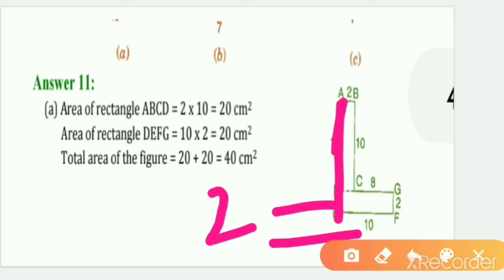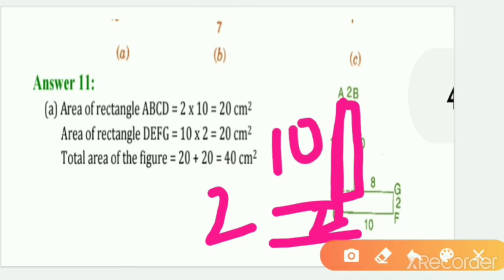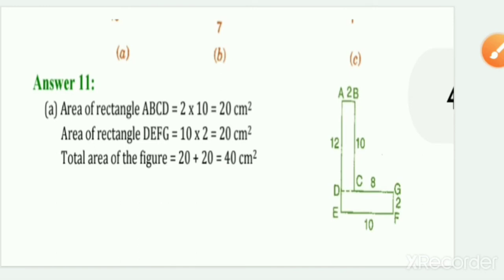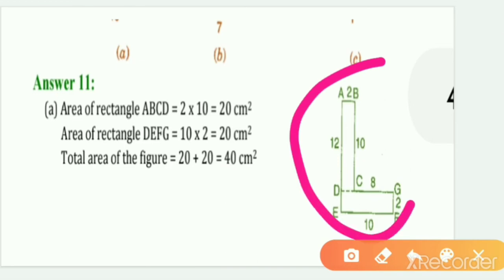And if we are taking the area for this much, then it will be 10 and the remaining will be 2. So if it is 2, then it will also be 2 because opposite sides are equal. So the area of rectangle DEFG will be 10 into 2, that is 20 centimeter square. Now adding the complete figure, 20 plus 20, we get 40 centimeter square.